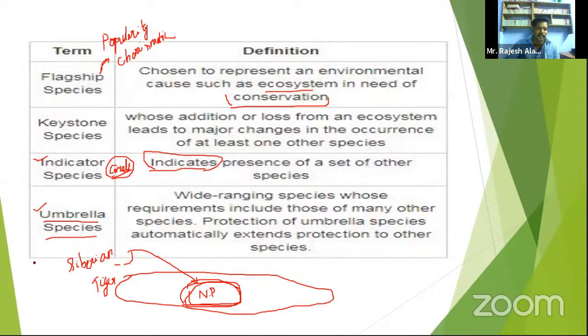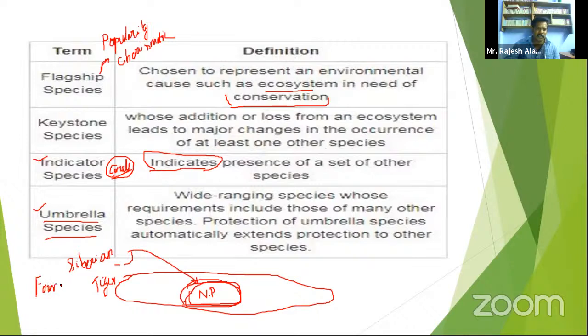Okay, sir. Some other species classification is also there. Foundation species is the building block of that environment, the base of that ecosystem. Corals, coral reefs are the foundation on which all other organisms in the ocean are associated, right, sir? Similarly, grassland.